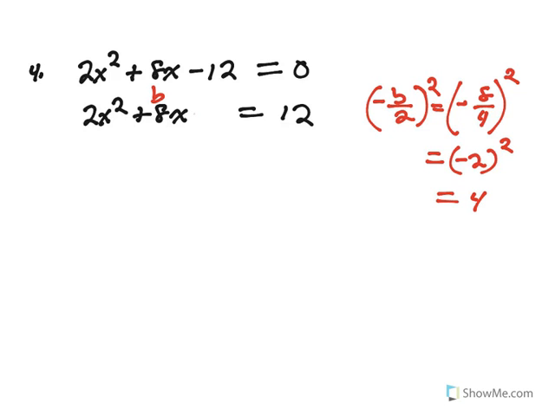We got half of the middle term, which is 4. Before I add that 4 to both sides, I just need to do one thing really quick, and I need to divide the coefficient of 2 on both sides of the equation, because I don't want 2x squared, I want just x squared. When I write this as a perfect square trinomial, the coefficient of the x squared term should be 1.